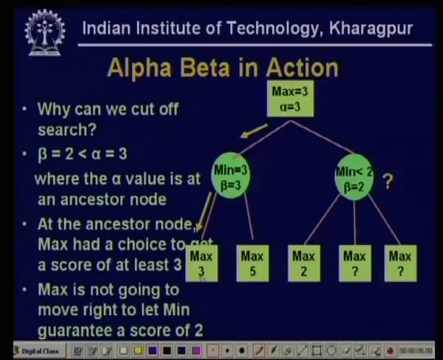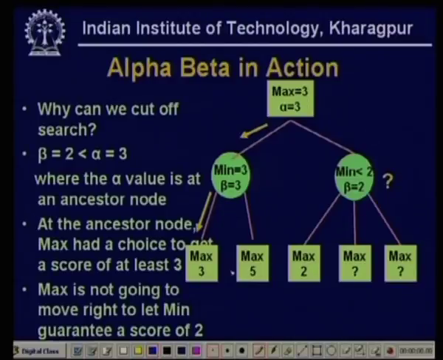So, when this 3 is discovered, min gets a beta value of 3. That is, the value of min will be greater than or equal to 3. When this node is found, then the beta value remains 3 and the value of min is now exactly equal to 3. Because the value of min is exactly equal to 3, we can set the alpha value of this node equal to 3. Therefore, the max value will be less than or equal to 3.